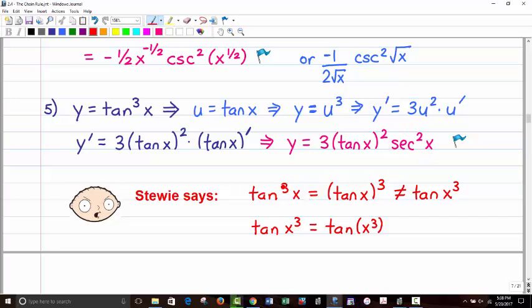If you put the 3 right there, or put it all in parentheses and put the 3 on the outside, that implies the trig function is raised to the power. It's not the same as this. When you see it written like this, that's saying the tan of x cubed, like it's written here with parentheses. That means the x is cubed and not the tan. So that's good to know.